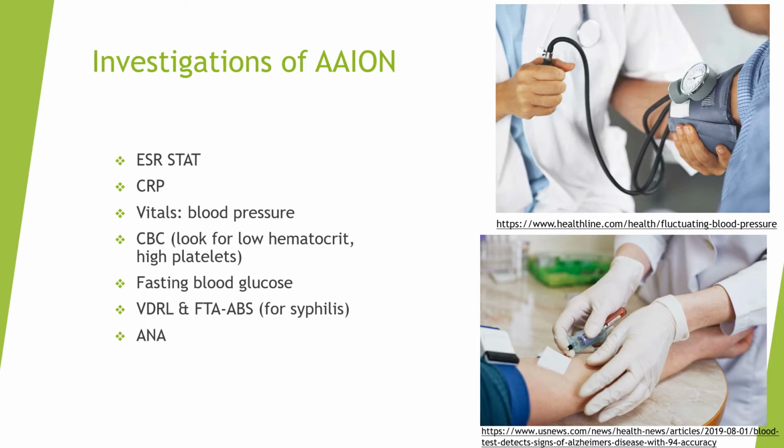We can also order CBC, look for low hematocrit and high platelets as an acute phase reactant. Also look for fasting blood glucose for diabetes mellitus possibly, and VDRL and FTA absorption test for syphilis, and ANA for vascular inflammatory disease.